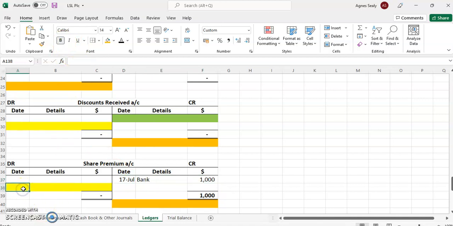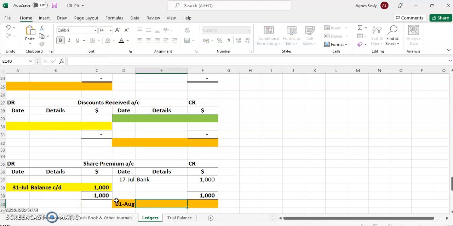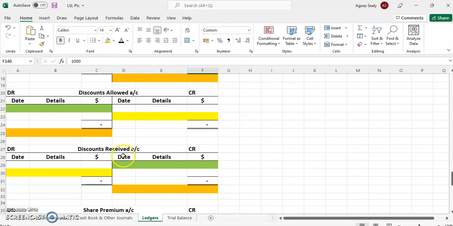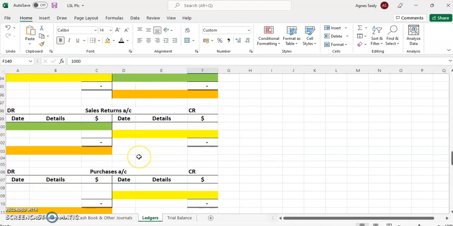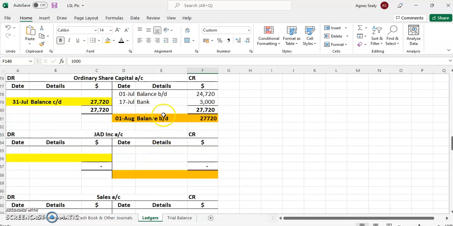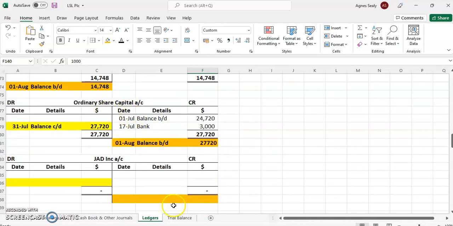So at the end, 31st of July, there's a balance carried down of $1,000 on the share premium account. So we're balanced, we're putting in our transactions, we're posting and balancing at the same time. So we've completed the ordinary share capital.